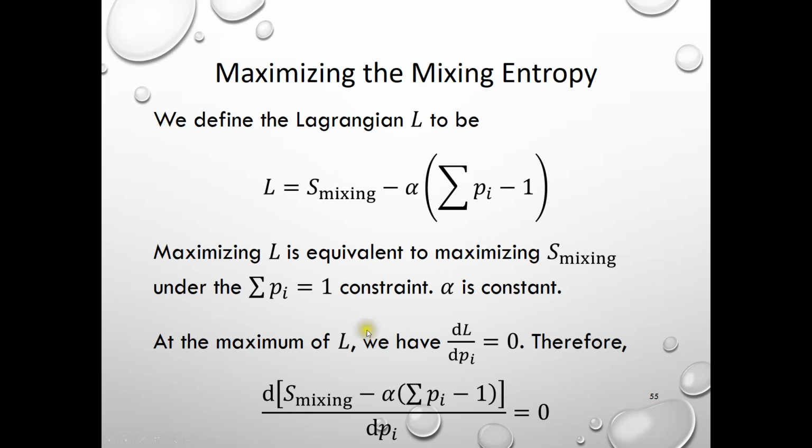At the maximum of the Lagrangian L, its slope should be 0. Therefore, we can replace L with its expression and solve this equation for every single type of the molecules.